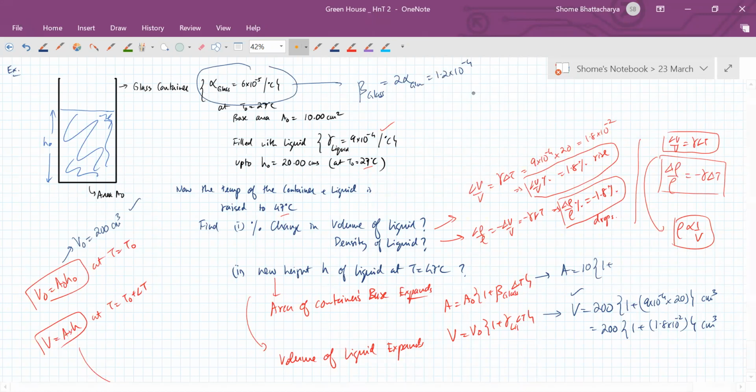I'll just check the calculation with that. So 1.2 into 10 raised to the power minus 4 into the temperature change of 20, in centimeter square. So that is 10 into this much.